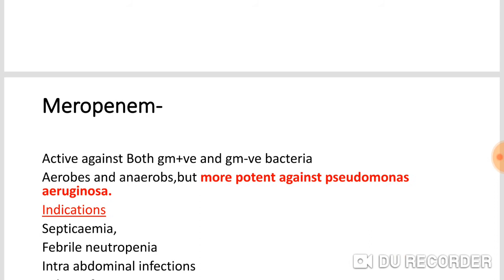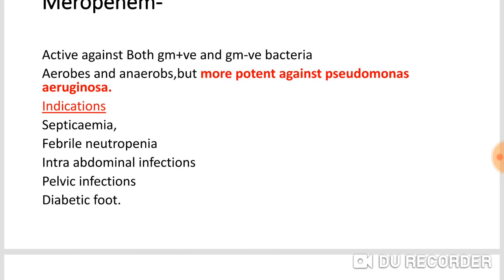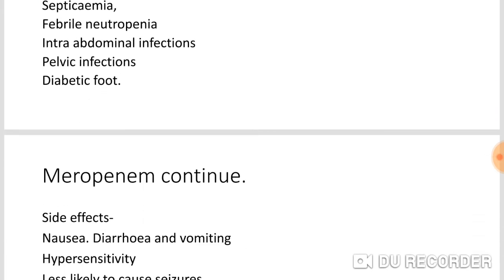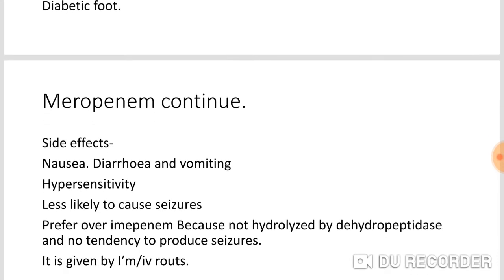Then coming to the next drug, meropenem. It is active against both gram-positive and gram-negative bacteria, aerobes and anaerobes, but it is more potent against Pseudomonas aeruginosa infection. Indications of meropenem are septicemia, febrile neutropenia, intra-abdominal infections, pelvic infections, diabetic foot. Meropenem side effects are nausea, diarrhea and vomiting, hypersensitivity, and it is less likely to cause seizure.